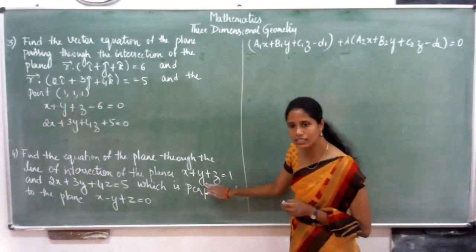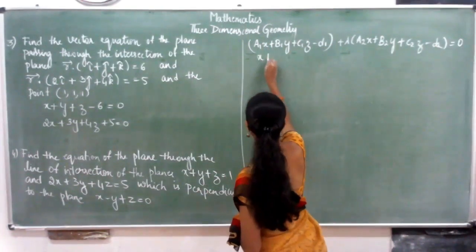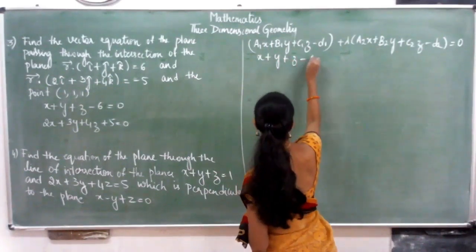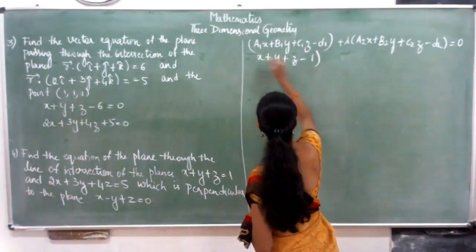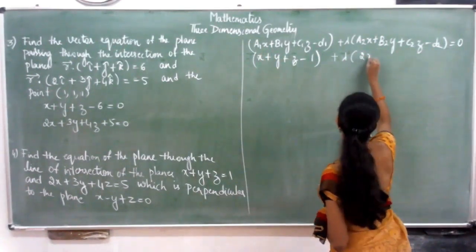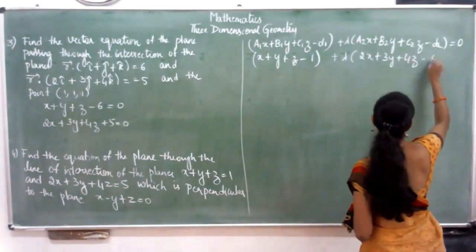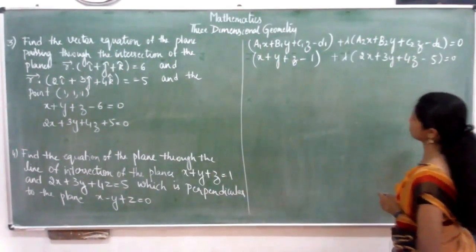So first substitute this in the place of this. It will be x plus y plus z minus 1 plus lambda times (2x plus 3y plus 4z minus 5) is equal to 0.